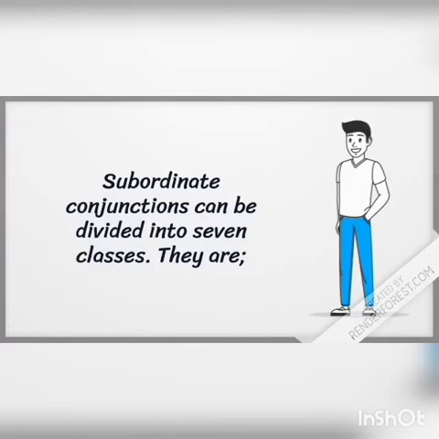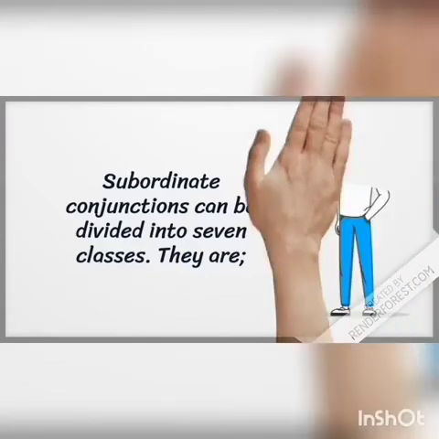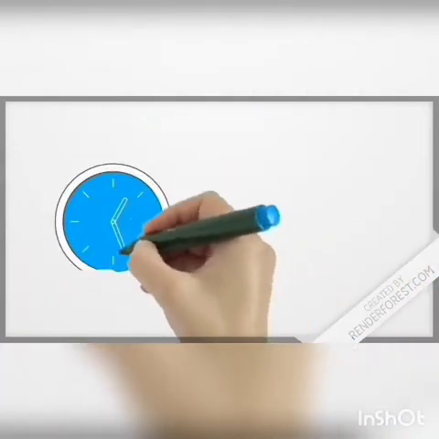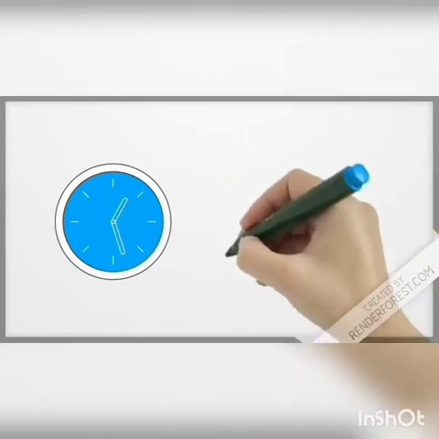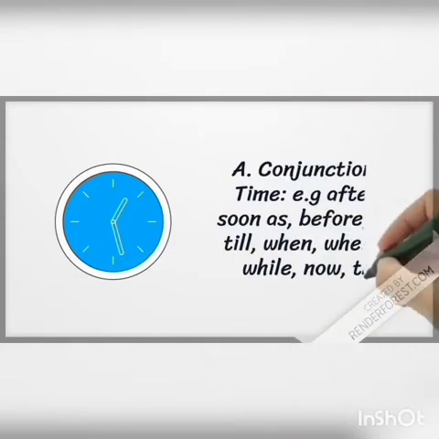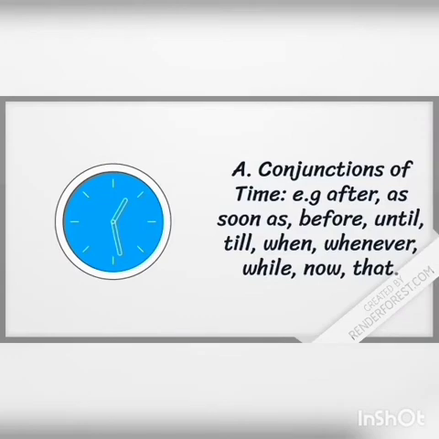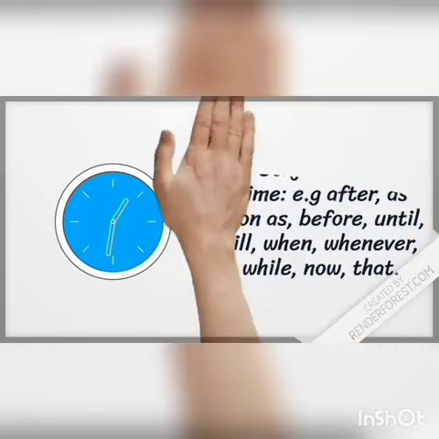They can be divided into 7 classes. The first one is conjunctions of time. For example, we have after, as soon as, before, until, till, when, whenever, while, now that. So these are examples of conjunctions of time.